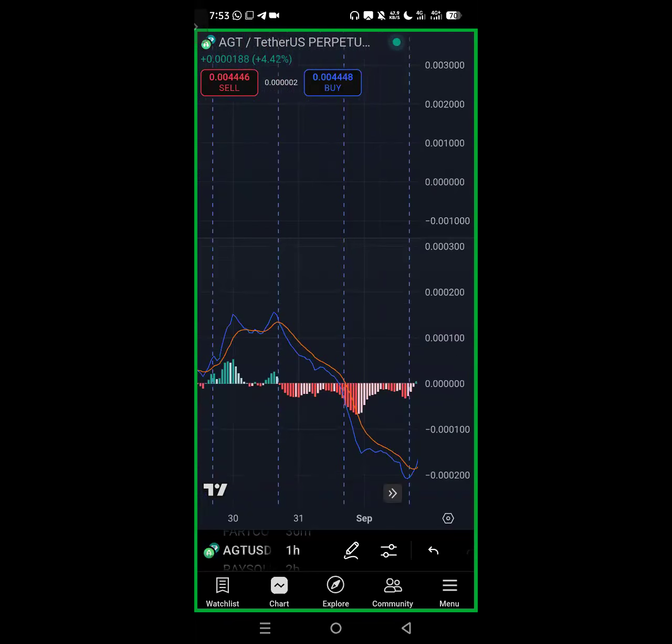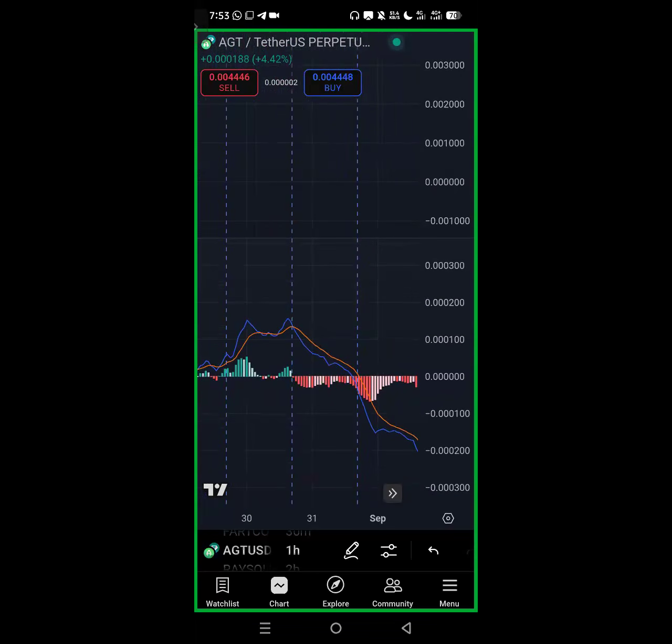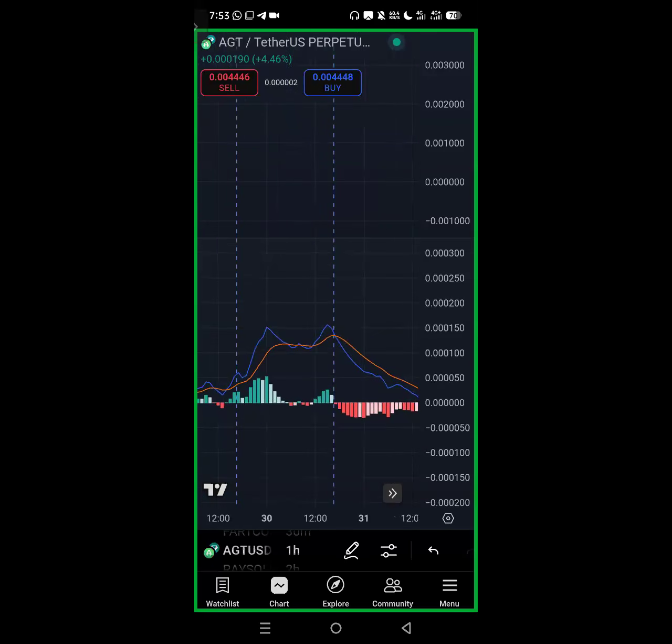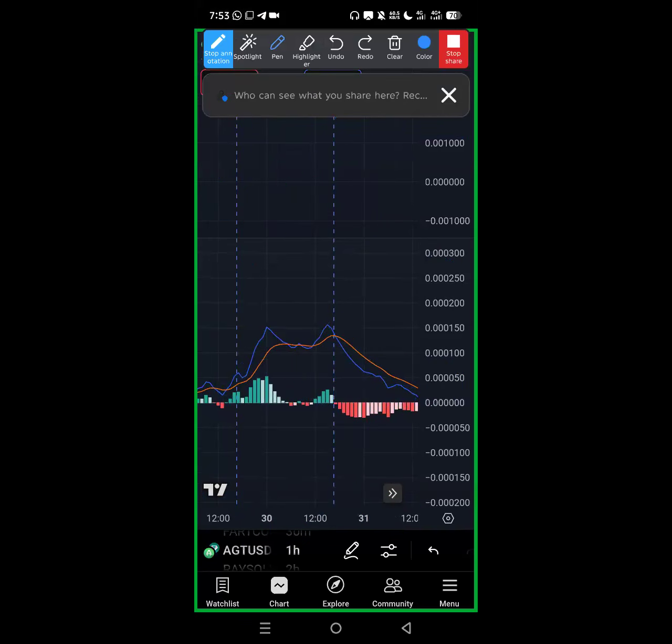This is my customized setting of the MACD. These are the features we were talking about. We have this blue line, then we have this orange colored line. These two constitute what we are calling the moving averages.